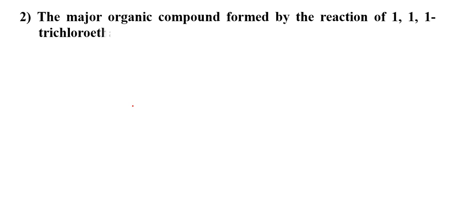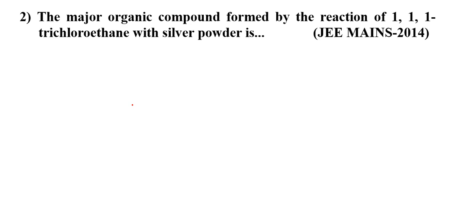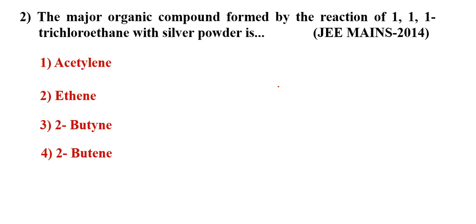Next, the major organic compound formed by the correct reaction of 1,1,1-trichloroethane with silver powder. Okay, see the options. First you write the reaction. 3 chlorines are there. CH3. Yes, this one. So with silver powder, this reaction we learn as preparation of alkynes.